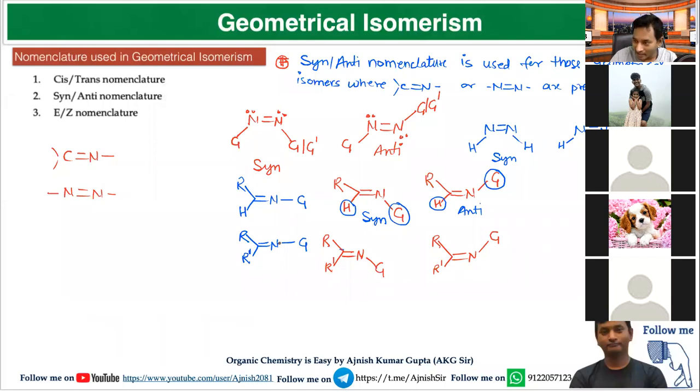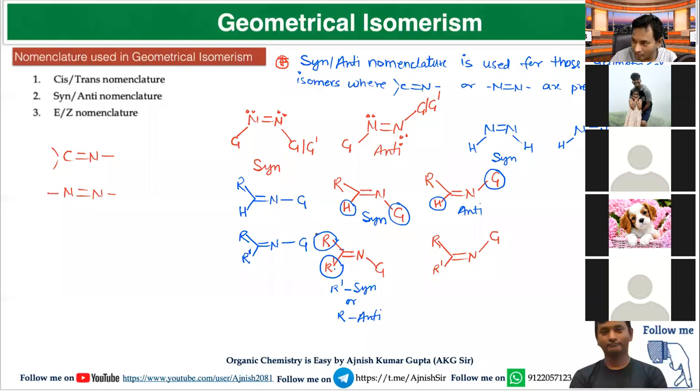So when carbon double bond nitrogen is formed by reaction with ketone, two possibilities arise. Along with this R dash and G on the same side, it is called as R dash syn, or it may also be called, along with this R, anti. It is also called as R anti.